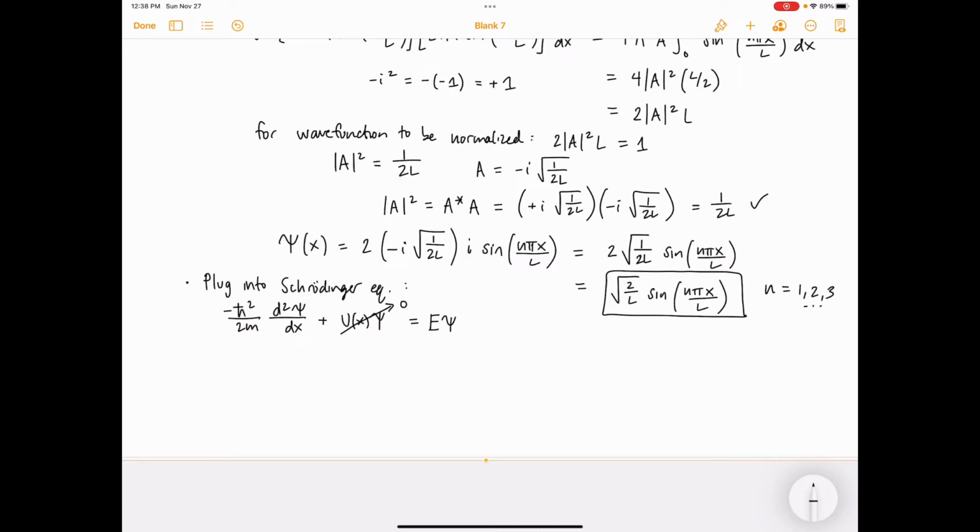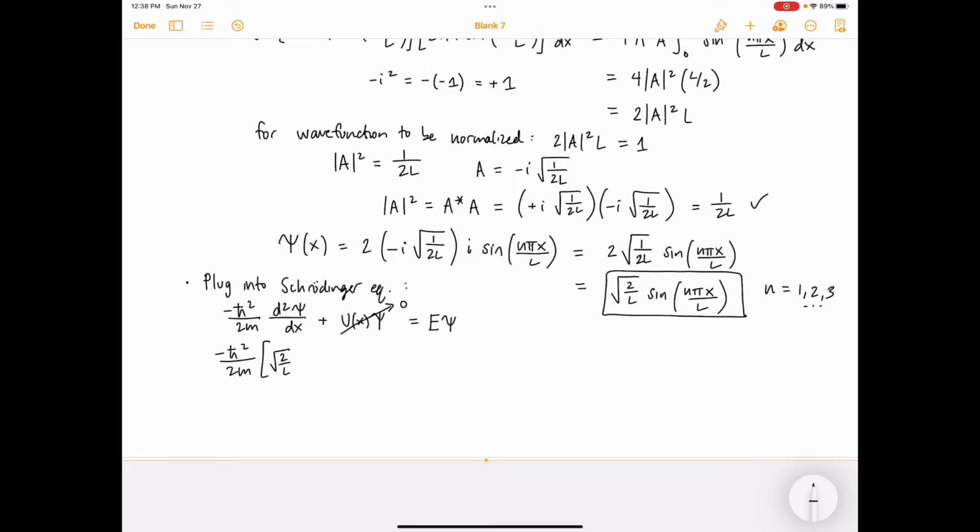Okay, so what we can do is plug in the wave function that we just solved for into this equation. We have minus h bar squared over 2m, and then I'm going to write this in brackets, the second derivative of our wave function. Remember, our wave function is a sine function, and then there's a constant of root 2 over L out in the front.